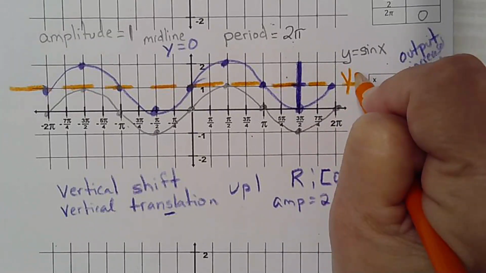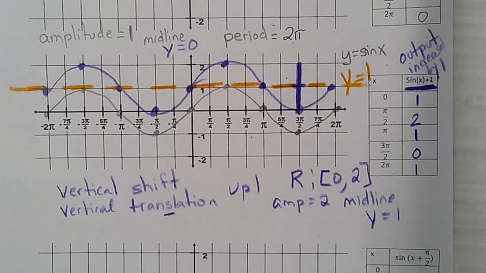The midline is at y equals 1. So notice the amplitude did not change because we just shifted it up, but the midline shifted along with the graph. So since the graph translated up 1 unit, the midline translated up 1 unit also. Does that make sense? All right, we're going to go to the next one.